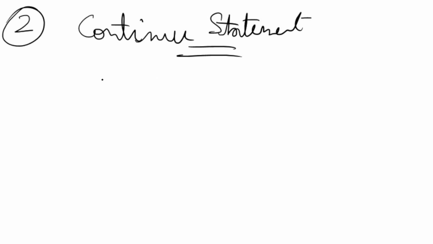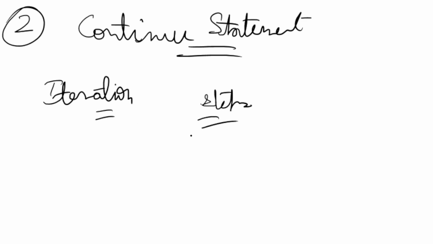So basically the continue statement works as it skips the current iteration. Iteration is nothing but anything which is in repetition, or you can say the process of repeating steps. In the continue statement also it works like this only.